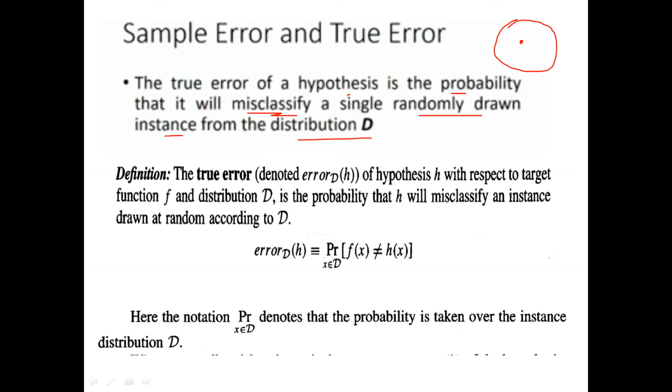The probability that it misclassifies is what we call the true error, because now you are considering the entire population.